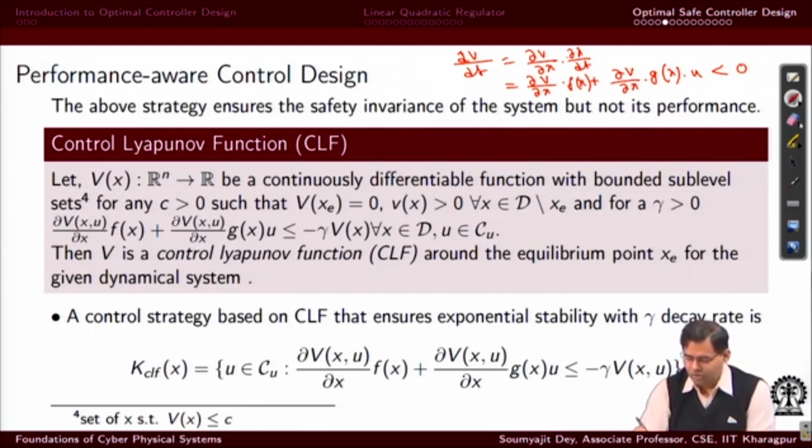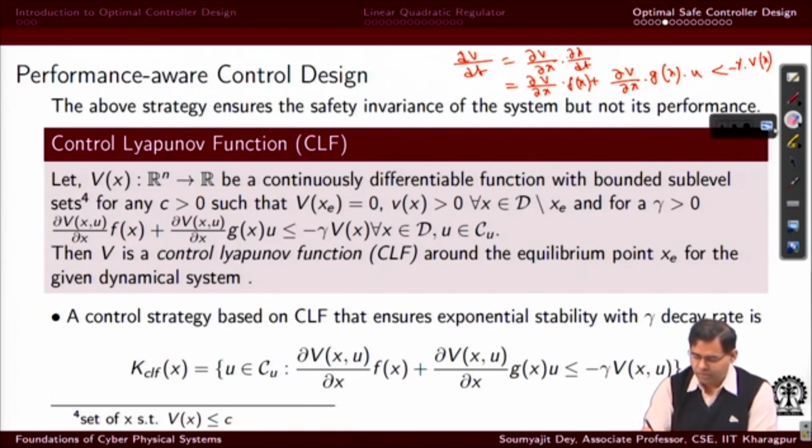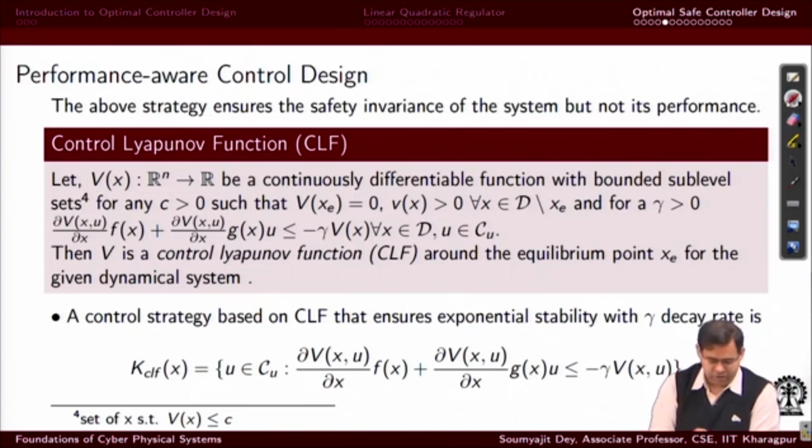To have some control on this Lyapunov function's value, we write minus gamma times the value of V(x). So, if I write it in a simple way, this entire thing is saying nothing but that the time derivative of V is less than or equal to minus gamma times V(x).